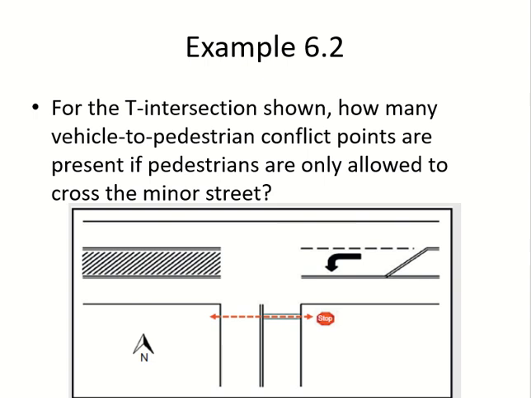Pedestrian crossing is only on this side. So only vehicles which are coming to this side or going from this side can have a pedestrian conflict, right? So I can have a vehicle which is taking a right turn from here, and a vehicle which is taking a left turn from here.